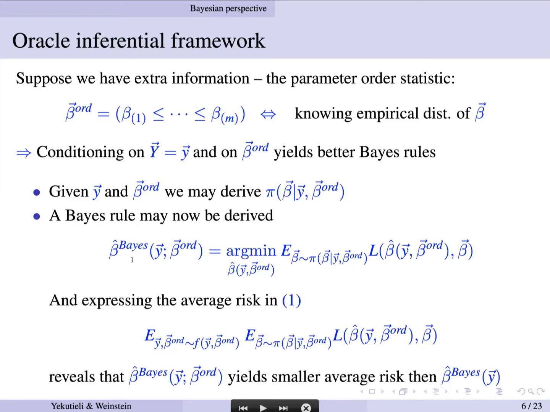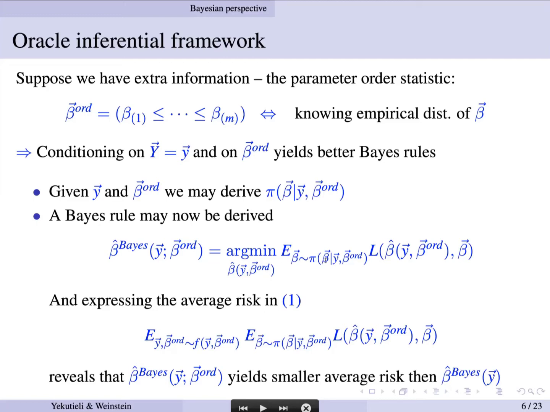The idea is that I use the same notation. It's beta hat Bayes, which is a Bayes rule. It's a function of y, but I'm also assuming that I know beta ord, okay? So it may or may not be a function of beta ord, but the idea is that it's the argmin, it's the estimator that is based on y that assumes knowledge of beta ord.